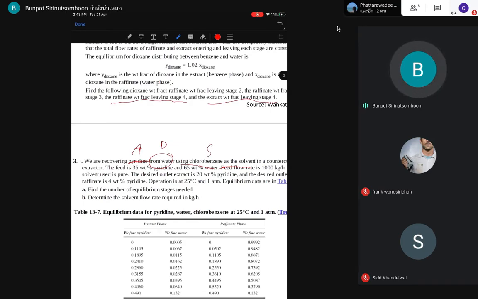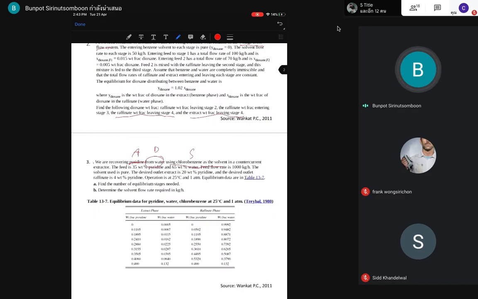In this case, the water and the chlorobenzene are partially miscible with each other, and these are in this table right here. They are the equilibrium data of these three compounds.